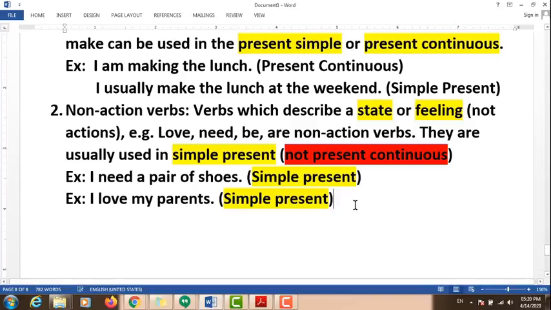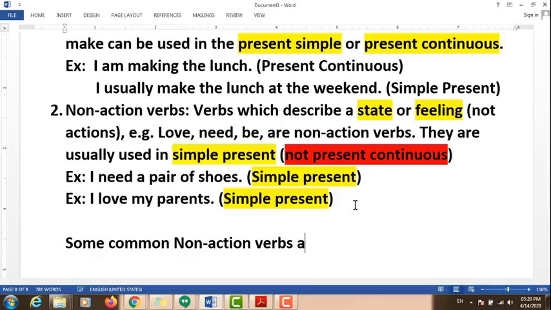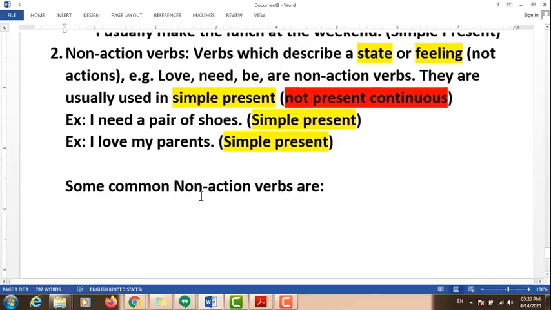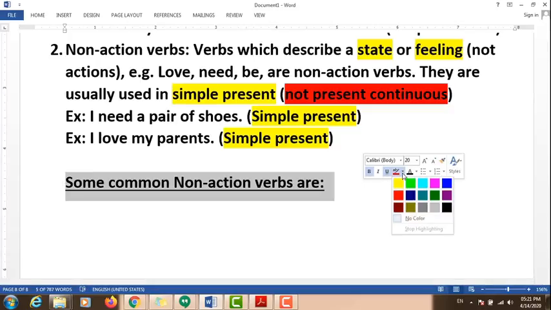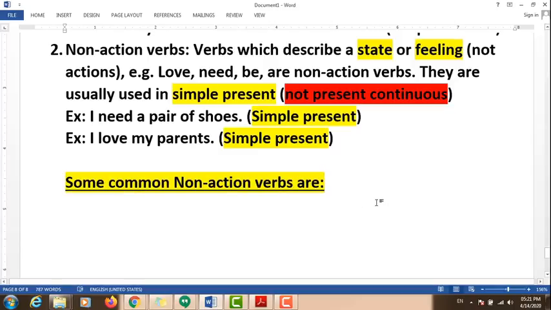So some common non-action verbs are. Those verbs that are usually common, non-action verbs. Look at this part. Let me underline it and then highlight it. This is called highlighting, okay?